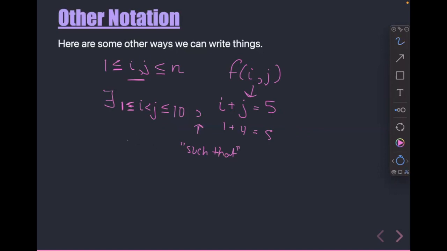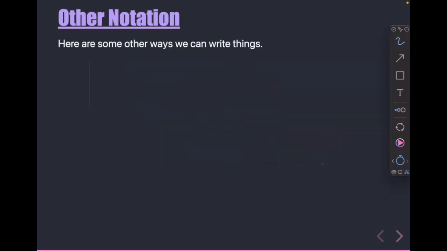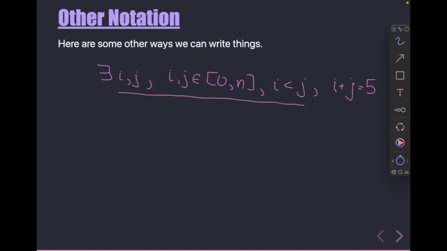But if this is all too much, you can always just write there exists an i and a j such that i and j are in the range 0 to n, and i is less than j. And then you can make your statement i plus j equals 5. That would be okay too. So it's really whatever you feel more comfortable expressing. But you just want to make sure you're being as specific as possible in this beginning definition.